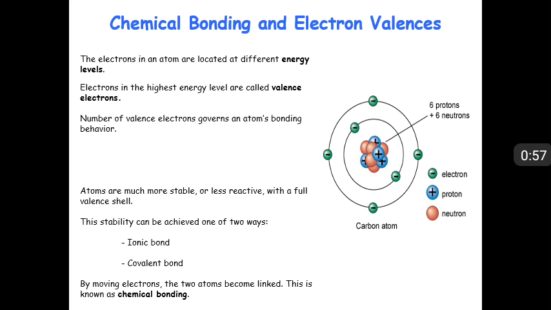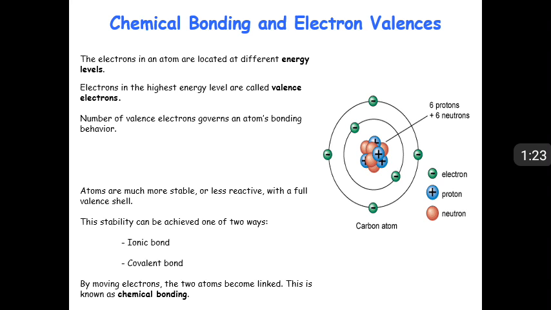As the energy level increases, the instability of an electron also increases, so the chance to participate with another atom also increases because these are highly unstable electrons. Electrons in the highest energy level are called valence electrons, and the number of valence electrons governs an atom's bonding behavior.